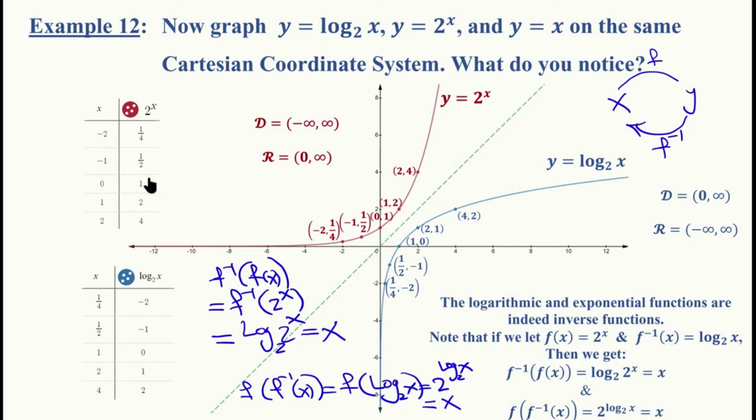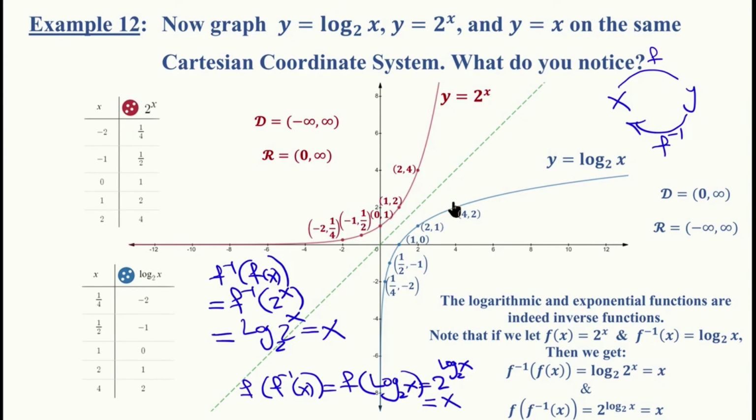You can see in their tables too how the outputs here are the inputs here, and the inputs here are the outputs here. You can see the beautiful relationship also in these ordered pairs. Notice how the x and y are switched. That's symmetry with respect to the line y equals x, which is unique to inverse functions.